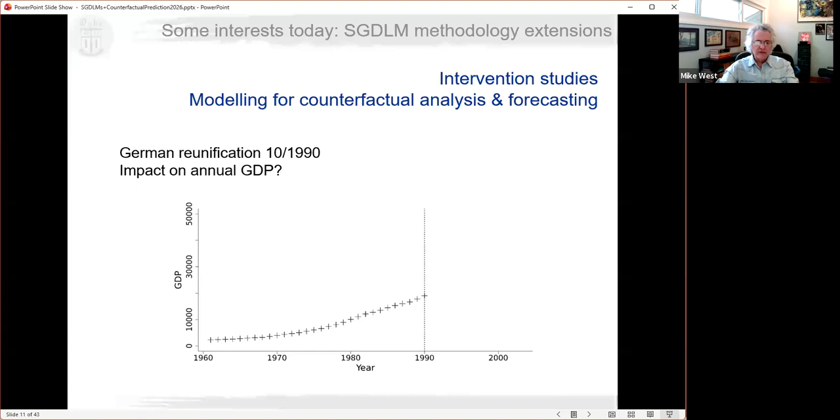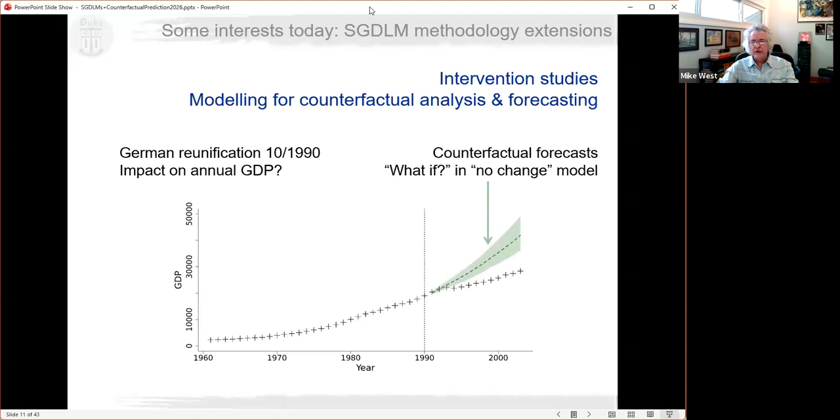And the question there was, in terms of per capita GDP, what was the effect of reunification? Germany increased its population dramatically, and it absorbed the implication of taking care of rehabilitating post-Soviet industry, basically. So what is counterfactual forecasting all about?